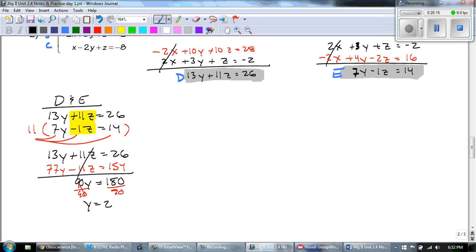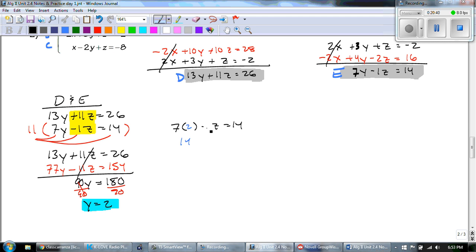Okay, so now that we got y is 2, let's go back and find z. All right, so finding z, I just did the 7y minus 1z equals 14, and we're plugging in a 2. 7 times 2 is 14.